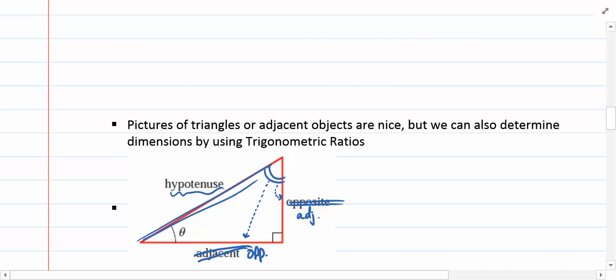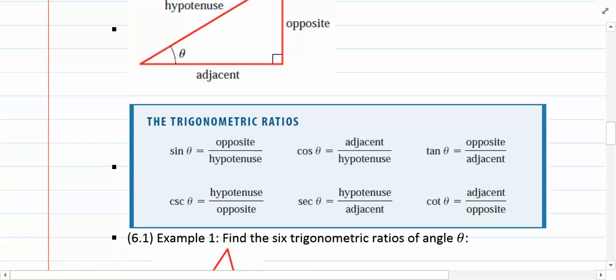This is still our longest side, and it is still opposite or across from the right angle. So it's important to note that these sides can change depending on what our angle of intention is.